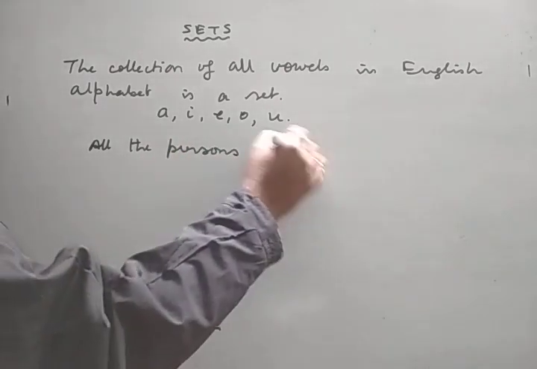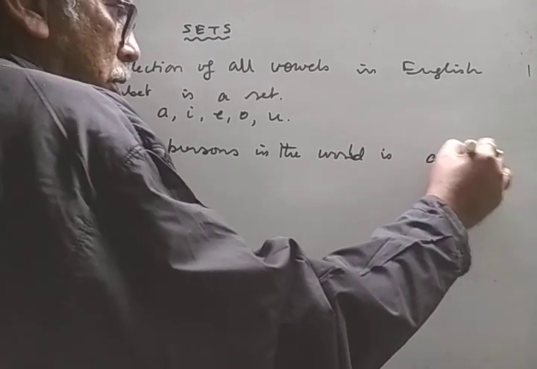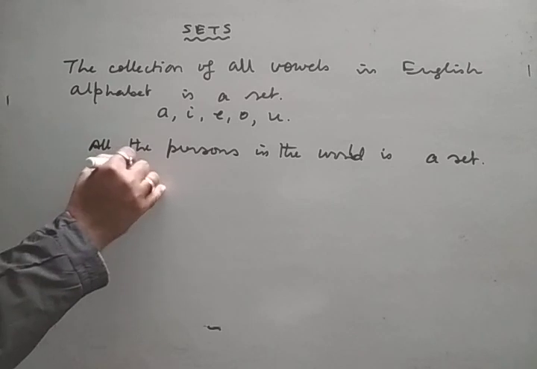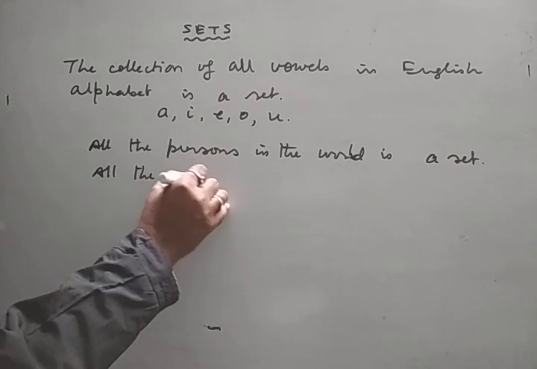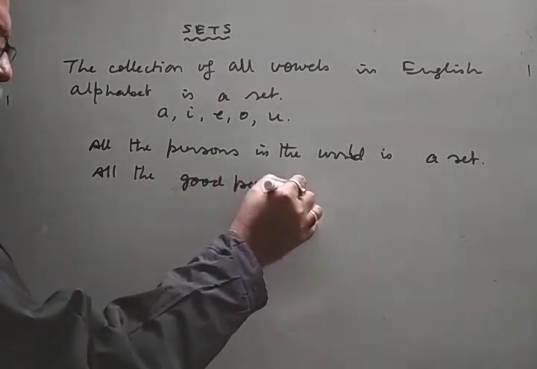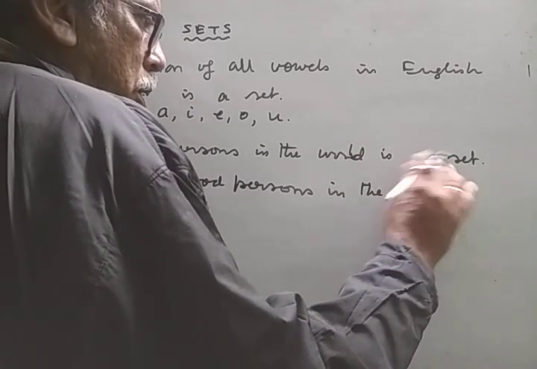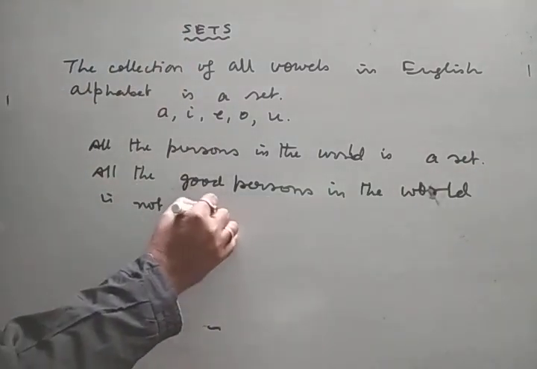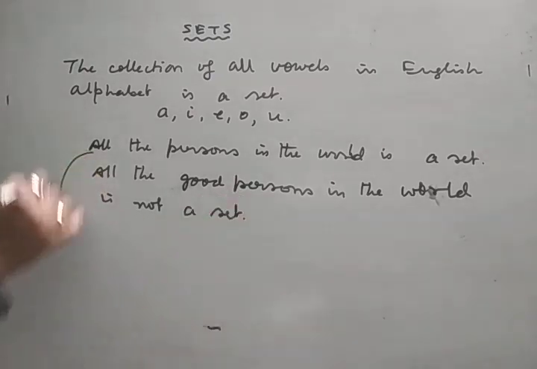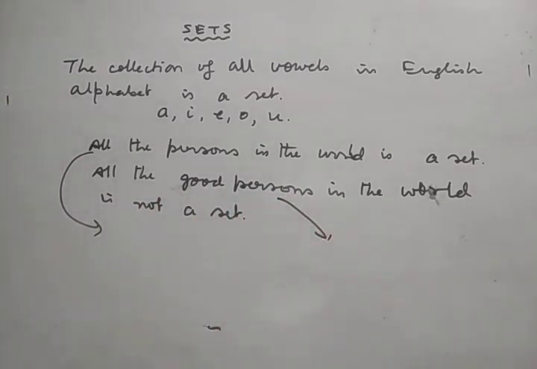Now, all the persons in the world is a set, but all the bad persons who were good persons in the world is not a set, since here the collections are well defined, but here the collections are not well defined.